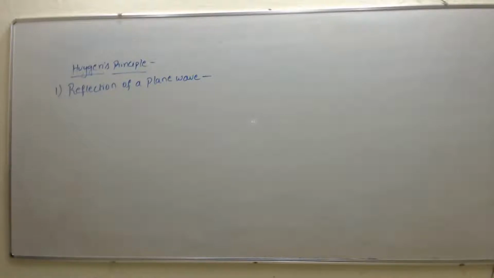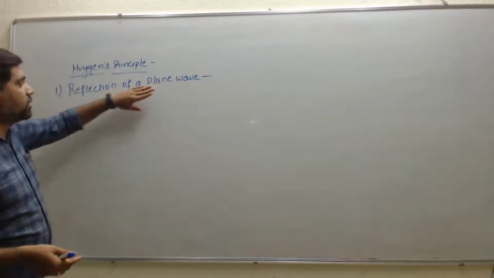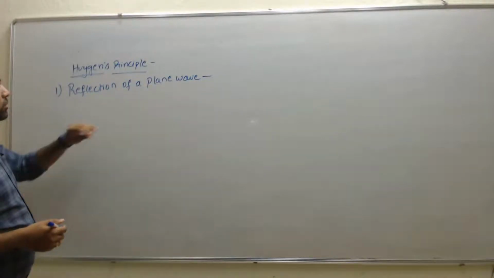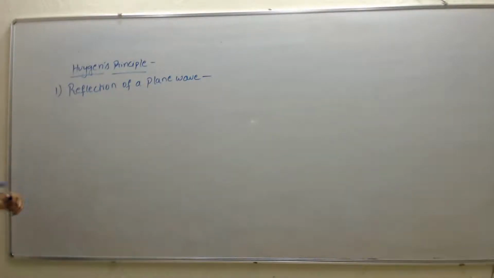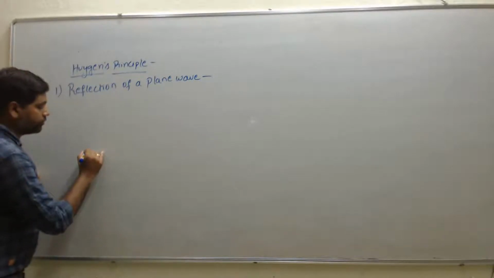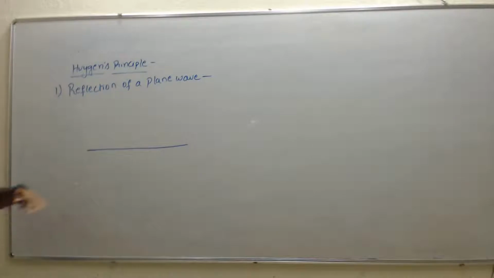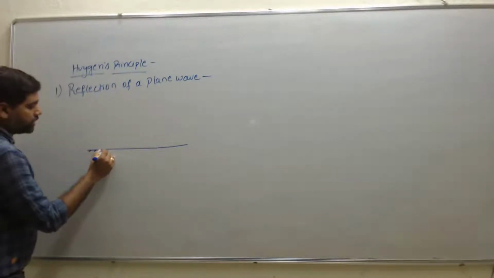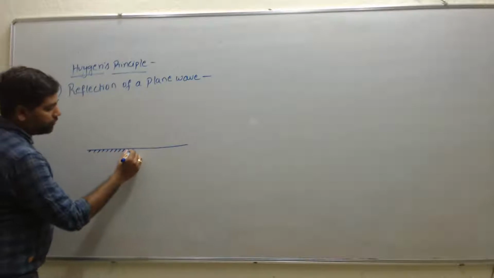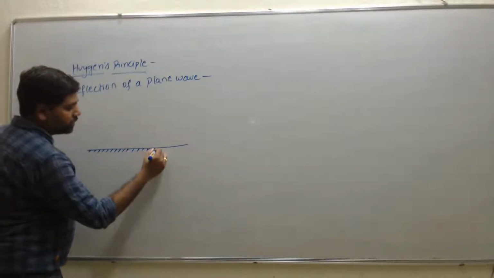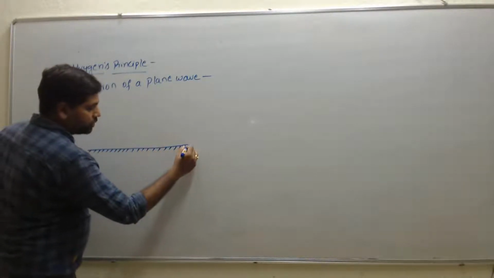Likewise only we are studying the reflection of the plane wave. First we consider the plane surface. So this one is the plane surface. This surface is the reflecting surface, because here we are going to study the reflection.